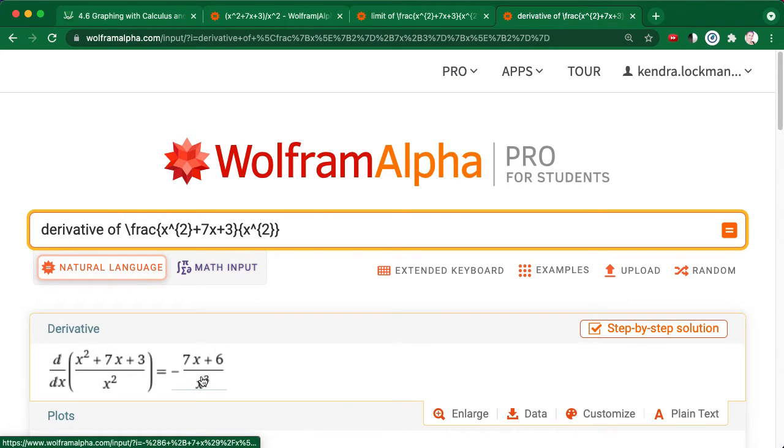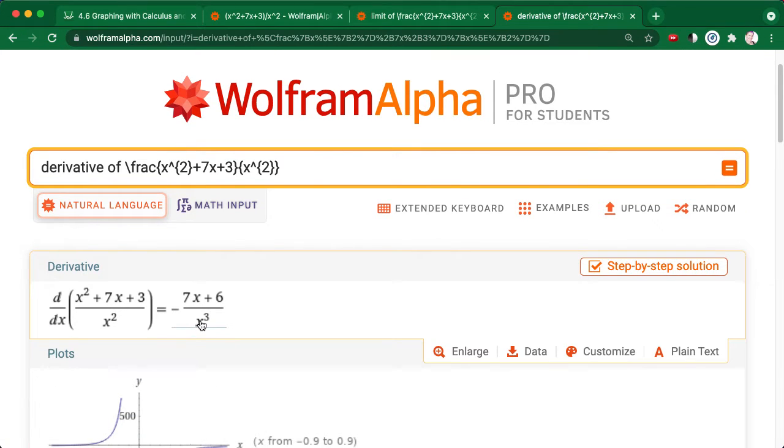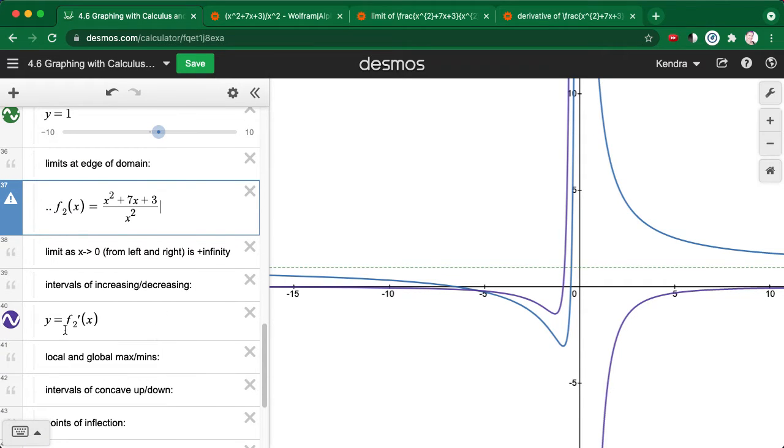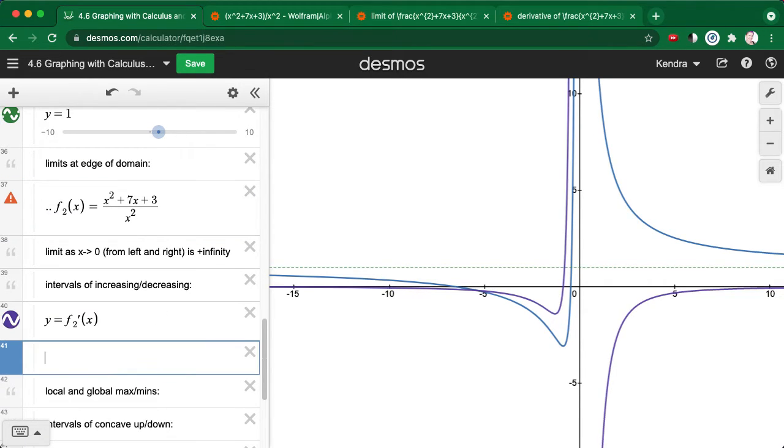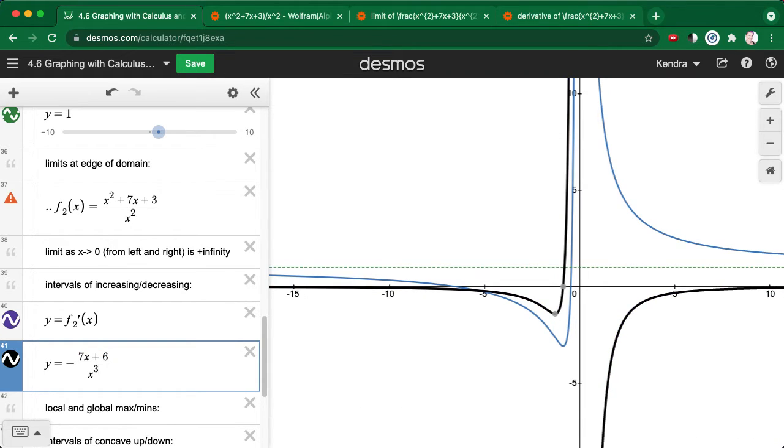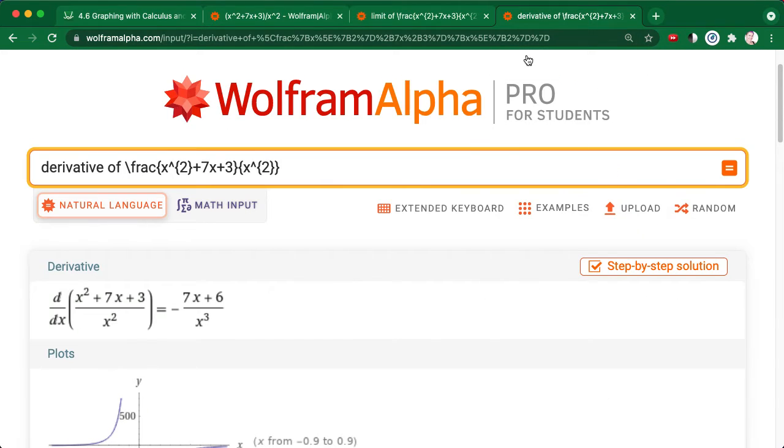And it gives me that the derivative is negative 7x plus 6 over x cubed. Interesting. So let me double check this. Is y equals negative 7x plus 6 over x cubed. And that looks very much like the same graph of the second derivative. So I feel like I have not accidentally calculated the wrong thing in Wolfram Alpha. Okay.